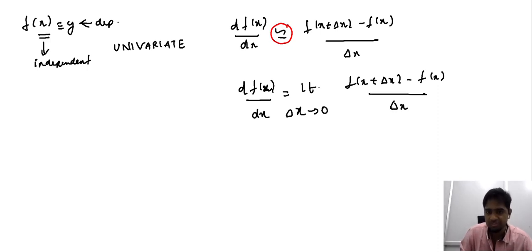What this condition does is this: when we are considering how f of x changes, we are considering two consecutive points, x and x plus delta x. Now when we assume that the distance between the two consecutive points is 0, we are narrowing down. We are making a precise estimation of the derivative. So when we assume that the delta x separating the two points is close to 0, we are making a precise estimation of the derivative of f of x.